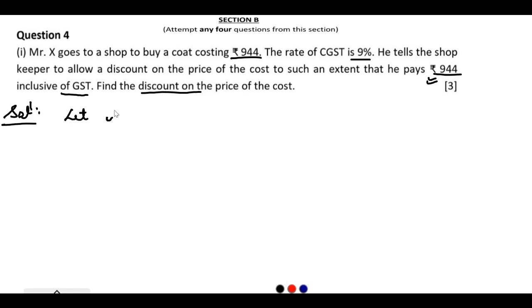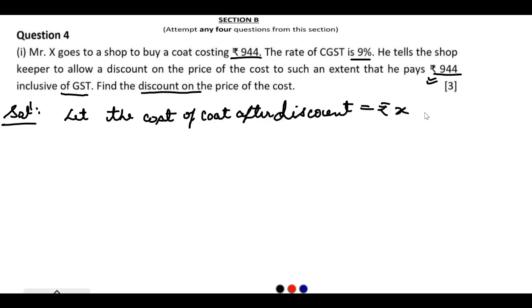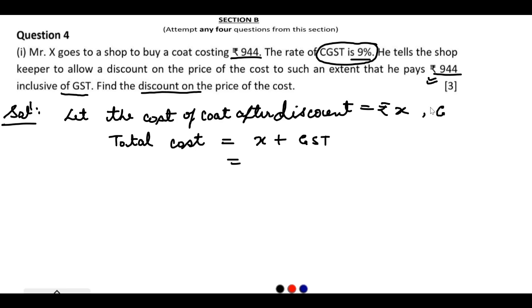Let the cost of coat after discount is rupees X. Then total cost that the customer has to pay is X plus GST, and the rate of GST is 9%. CGST is 9%. It means SGST is also 9%, and total GST is 18%.